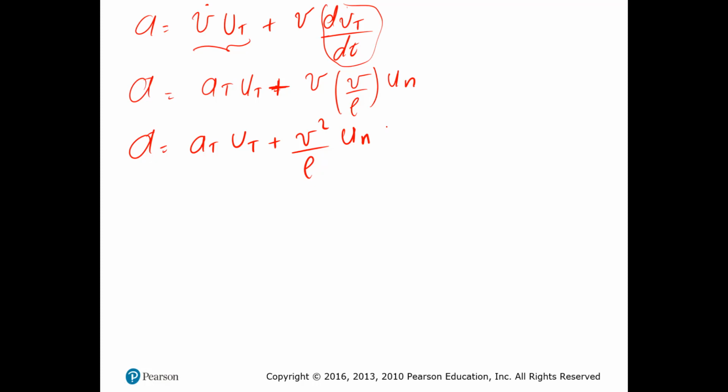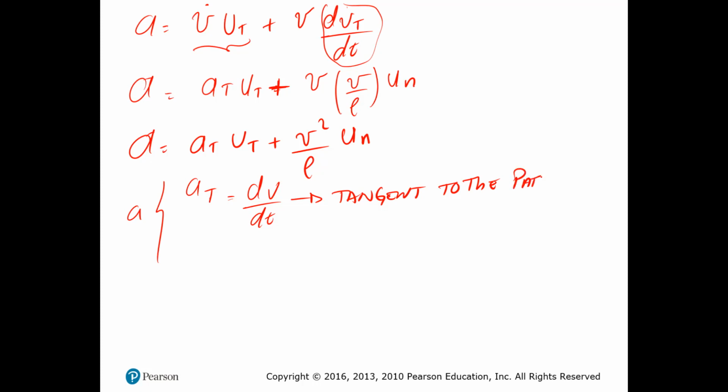What you need to know ultimately is that acceleration is subdivided into a tangential component and a normal component. So acceleration will have two components. The tangential one will be given by deriving the velocity with respect to the time, and for that you will be given information, and that particular one is always tangent to the path, right?